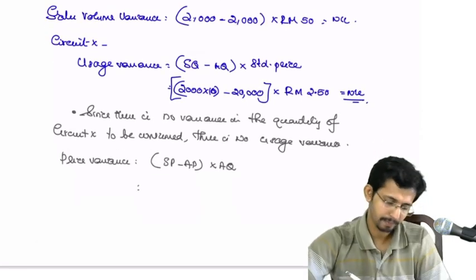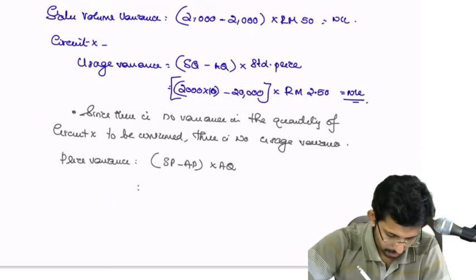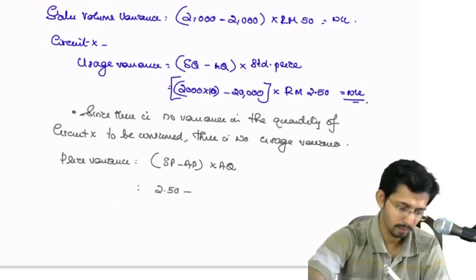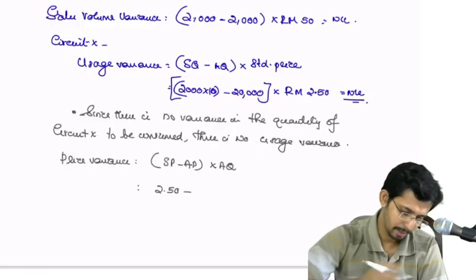What is SP? SP is 2.50 minus what is AP? AP we have already computed, no?